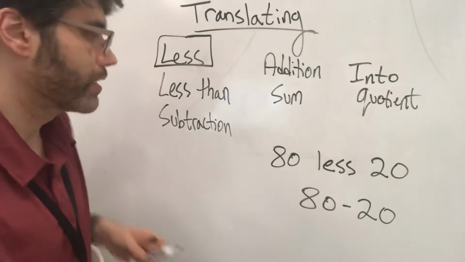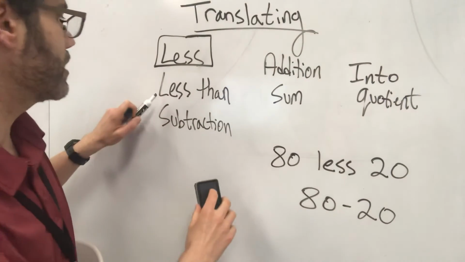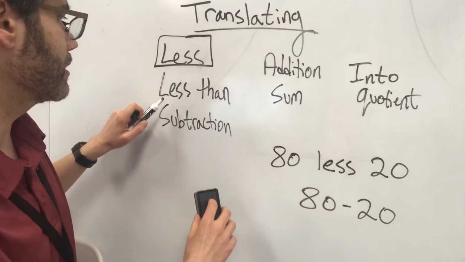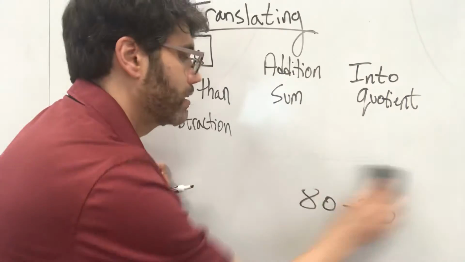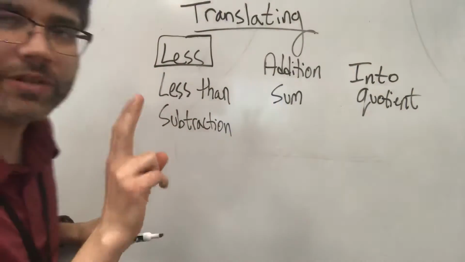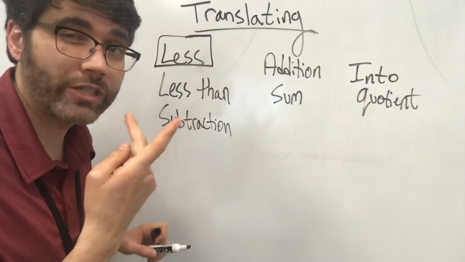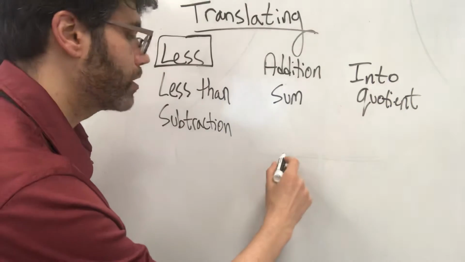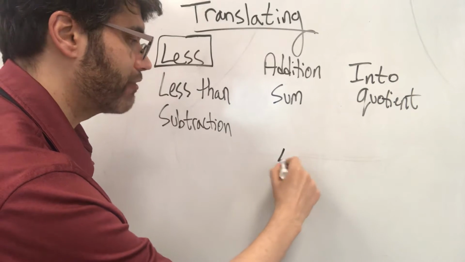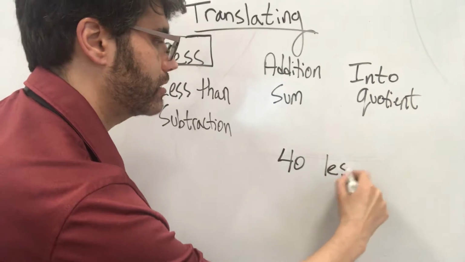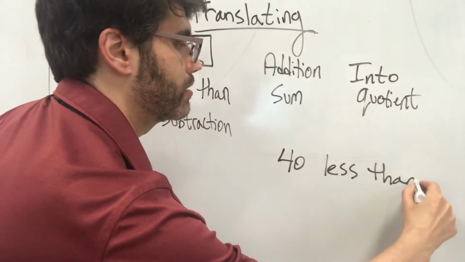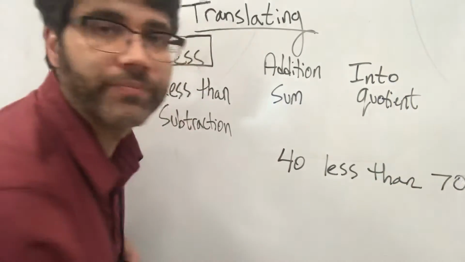Okay, great. So if we ever run across something that is less than, that's something that we need to think about, maybe switching, okay? So how about something like 40 less than 70?